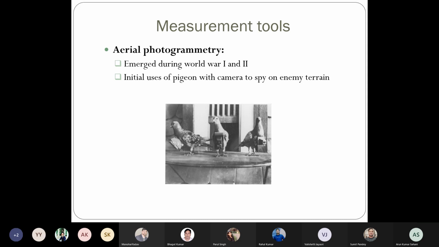But once we look towards the ground from just above the earth surface, from the air, then if you increase the distance, the area coverage, that is the field of view in which the camera can focus, will increase. Obviously, at the same time you need to increase the megapixel capacity of the camera, so that you will get a good quality of image.